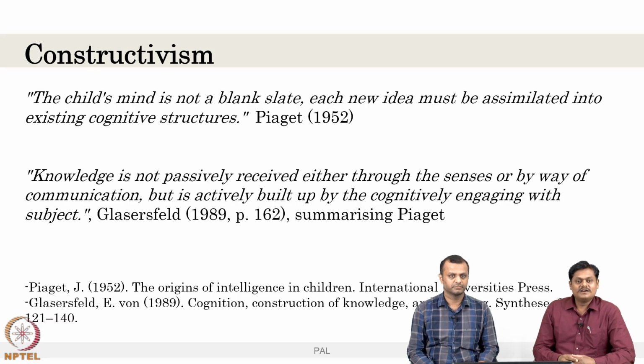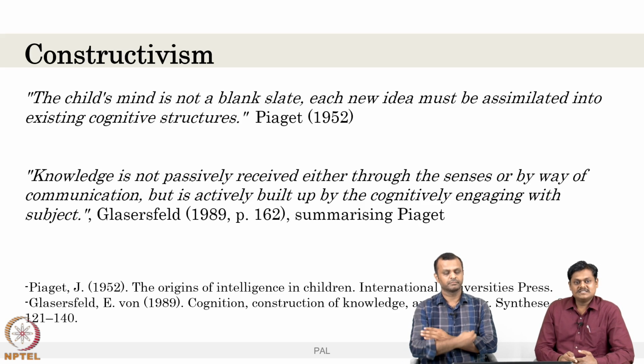So we'll look at the next learning theory, which is constructivism by Piaget in 1952. We'll see what Piaget says first, and some commentaries on Piaget's work by other researchers, who are also renowned researchers in the learning sciences. The definition says that the child's mind is not a blank slate.